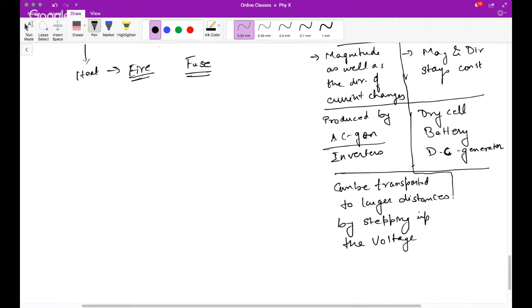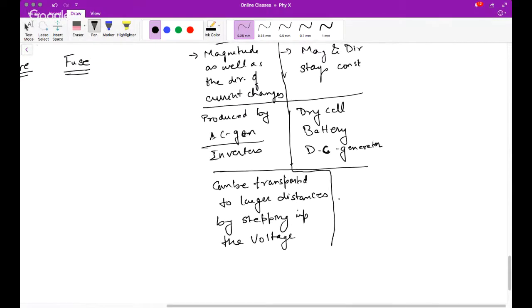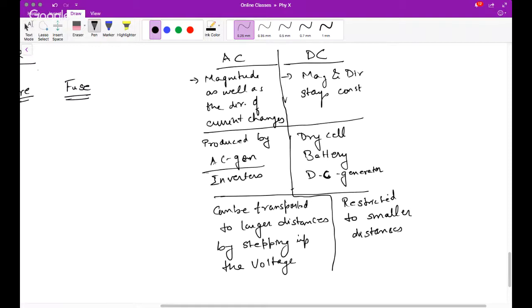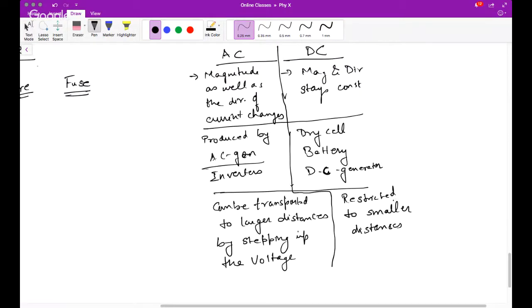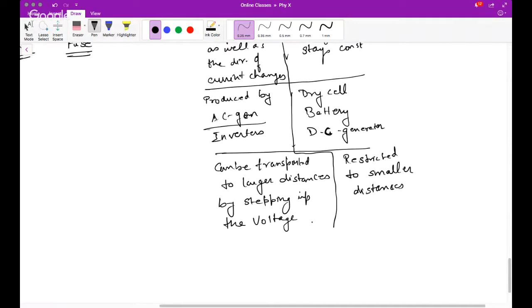There is no possibility of stepping up in the DC case, so transfer is restricted to small areas, smaller distances. Since there is no possibility of stepping up a DC source, it is not possible to transfer over long distances.